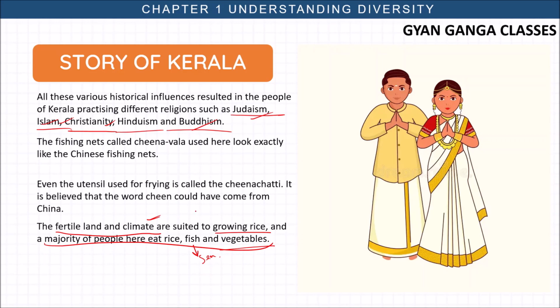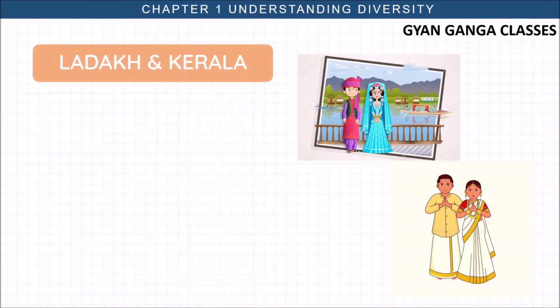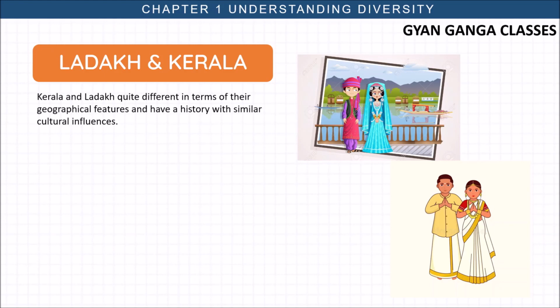Okay. So let us just see what we learned from these two stories, Ladakh and Kerala. Kerala and Ladakh are quite different in terms of their geographical features, and a history of similar cultural influences. What was there in both places? In both places Arabians came, Christianity came, Islam came. So they had the same kind of cultural influences and history, but different geographical features.